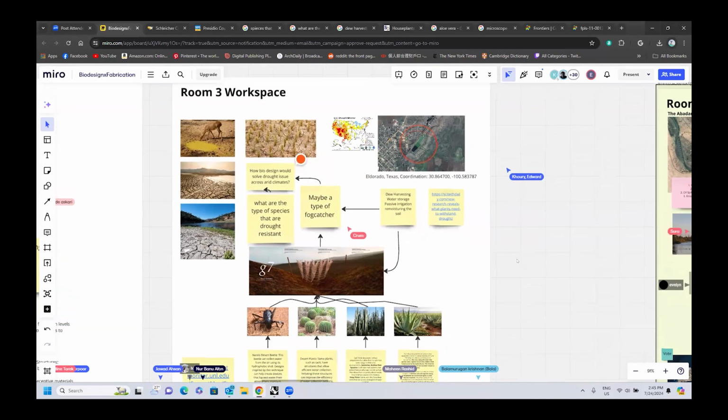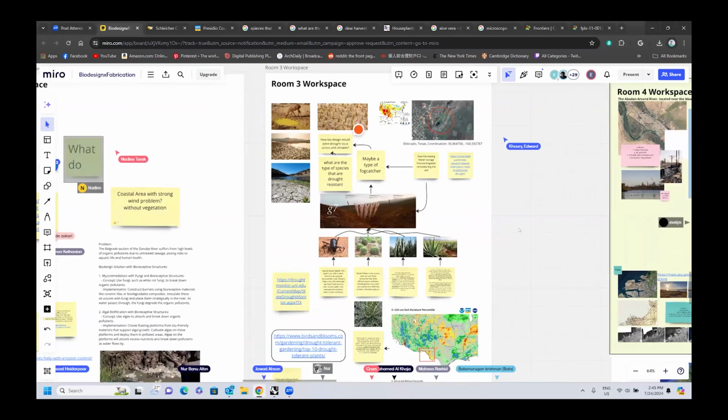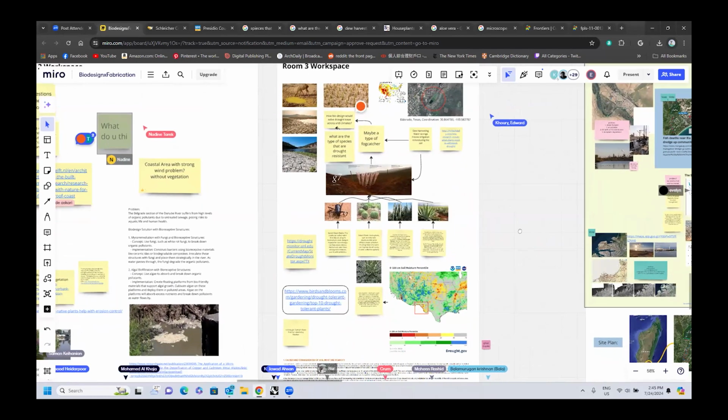We also looked into different species that can survive in these dry areas, and we wonder what kind of infrastructure can conserve water in this area to moderate the problem. So I'm just wondering if we are going in the right direction.